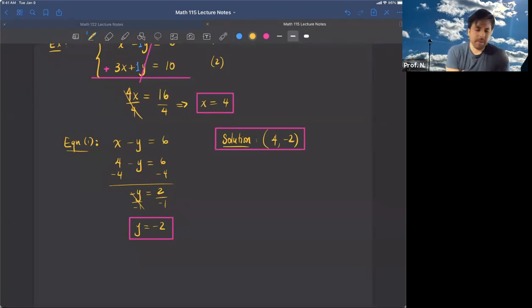Personally, I don't think I'm going to ask. I'm just going to ask you to solve. So it's going to be up to you to decide, you know what, the graphing method. I am going to distinguish though between graphing and algebraic. So if, for example, I say solve the system of equations using the graphing method, then explicitly I'll give you a graph and you'll have to draw both.